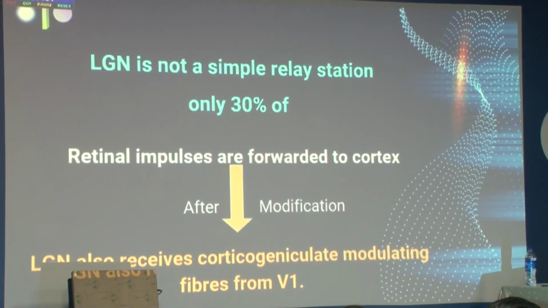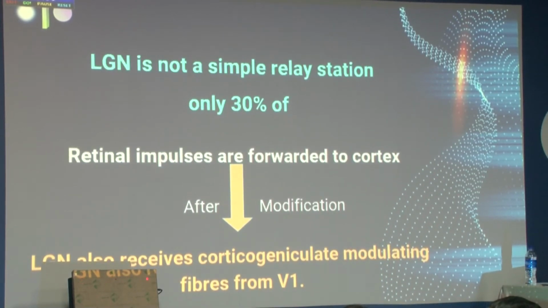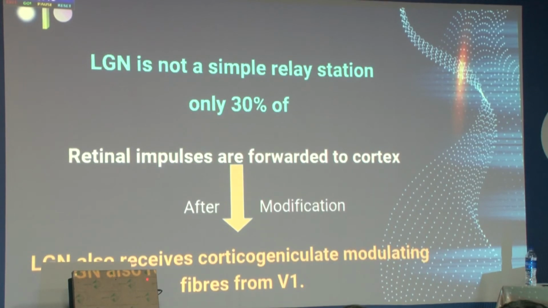Only 30% of the impulses are allowed to go beyond. The remaining 70% are stopped at the LGB. So is amblyopia due to a problem at the LGB? Probably, we don't know. We have never studied the LGB in vivo or in vitro anywhere. But we are trying to study that, and we are finding that there are various types of cells in the LGB, and some of these cells are narrowed in amblyopia.